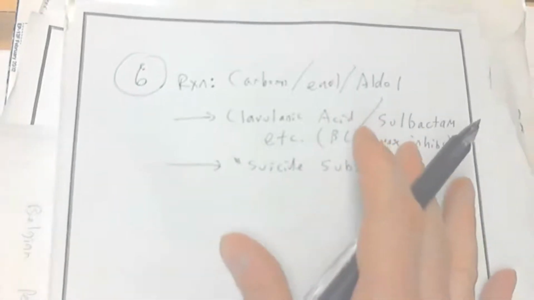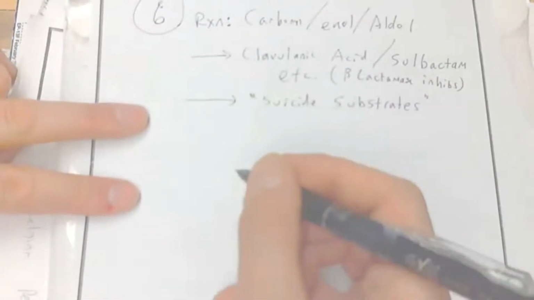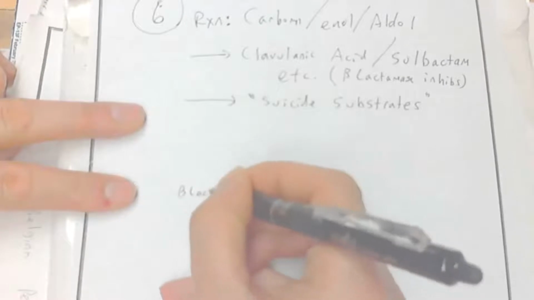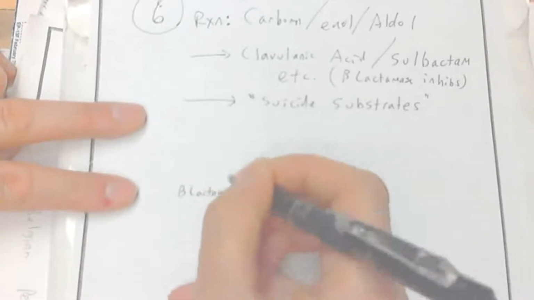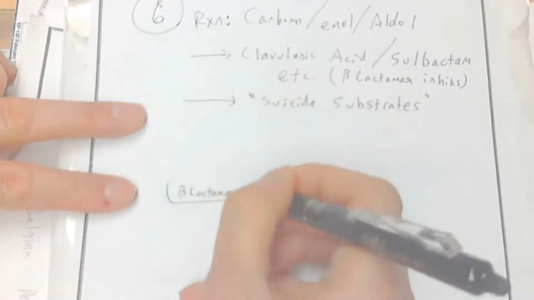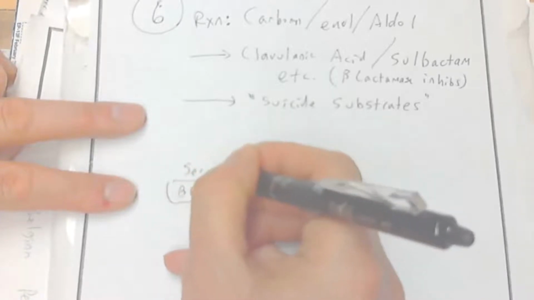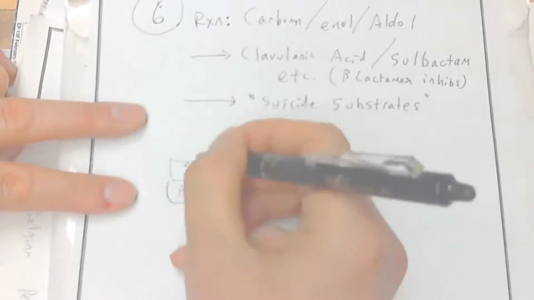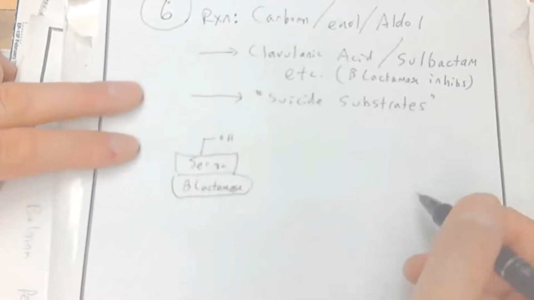So let's see what we mean by that. Let's show our beta-lactamase again. Beta-lactamase. Here's serine 70, hydroxy group.